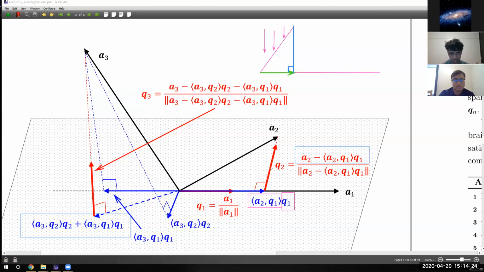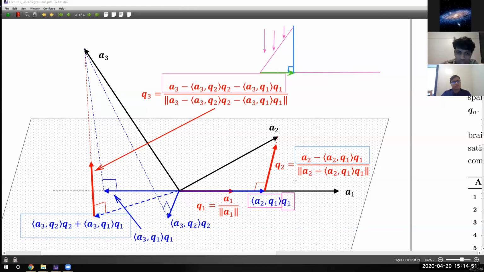And using exactly the same idea, if I use A3 minus this, then I will have this direction, this red dashed line. This one must be perpendicular to both Q1 and Q2.